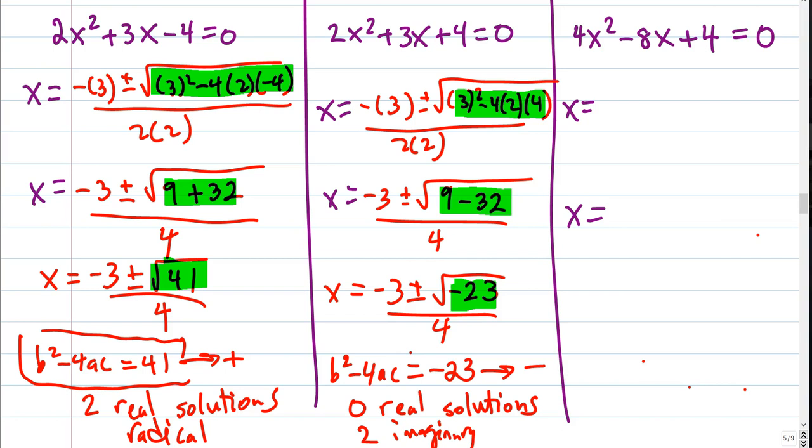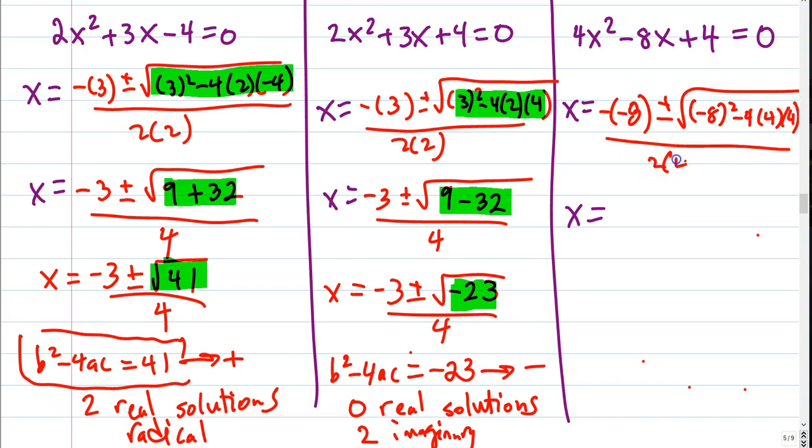Last but not least, x is equal to negative b, negative negative 8, plus or minus the square root of b squared minus 4 times a times c, all divided by 2a.